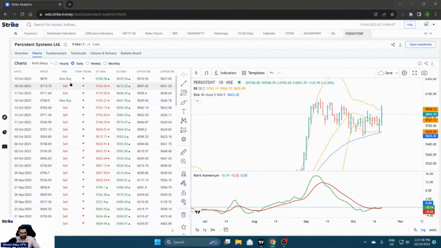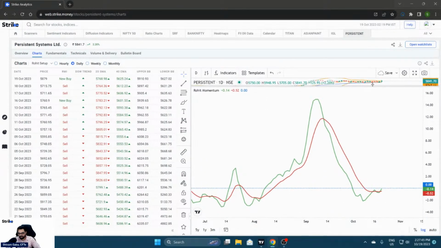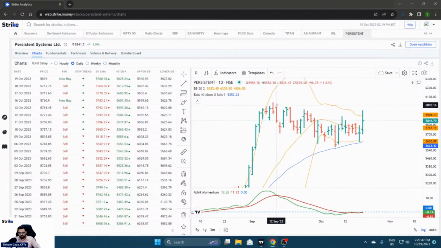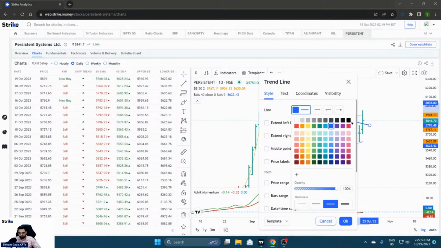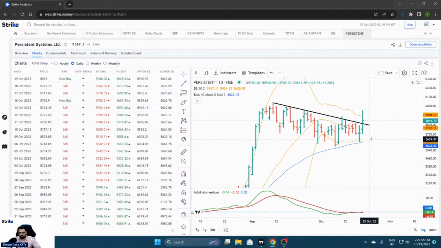Today in today's session, RMI is also crossing over to the bullish side. So it does look like kind of a breakout. If I draw a trend line here, the breakout level comes out to be 5820 broadly. So closing above this would indicate a breakout.